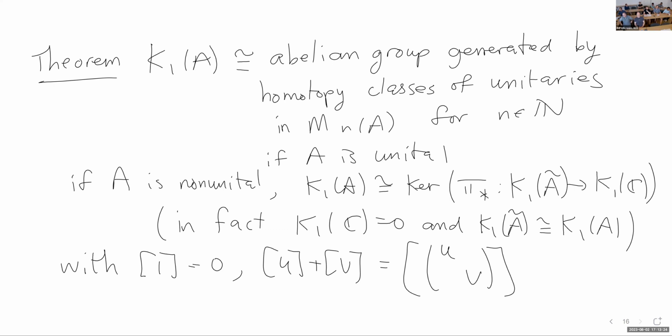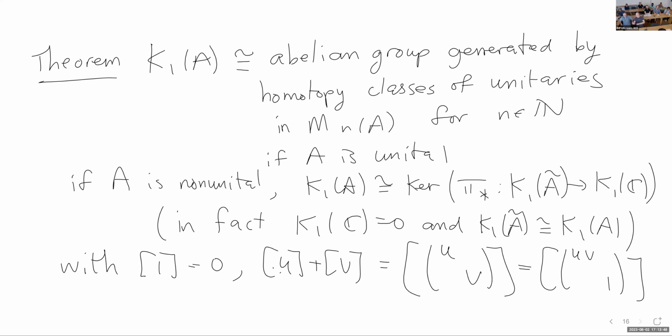But in fact, this is the same as U direct sum V. That's not immediately obvious, but a similar 2 by 2 rotation shows you that you can rotate this V up to U. So in fact, what this shows is that the inverse of U is U star, because then U plus U star is 1, which is 0.